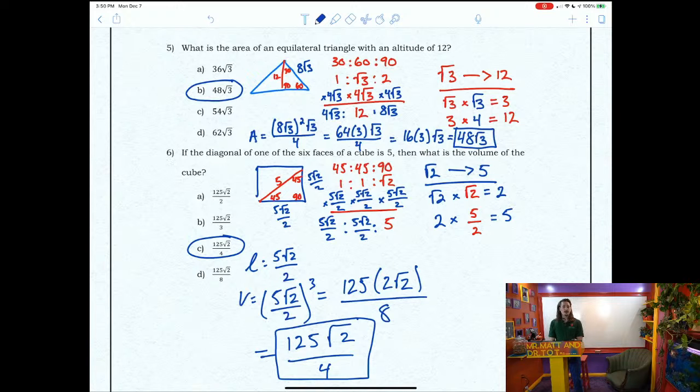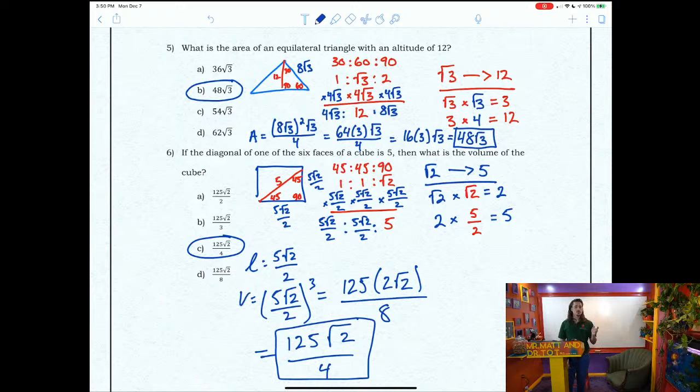You just apply that cube to each value, apply it to the 5, apply it to the root 2, and apply it to the 2. 5 cubed is 125. Root 2 cubed is root 2 times root 2 times root 2. So one pair of the root 2's will cancel, the radicals will cancel and turn into a regular 2. But that leaves one of the root 2's behind.